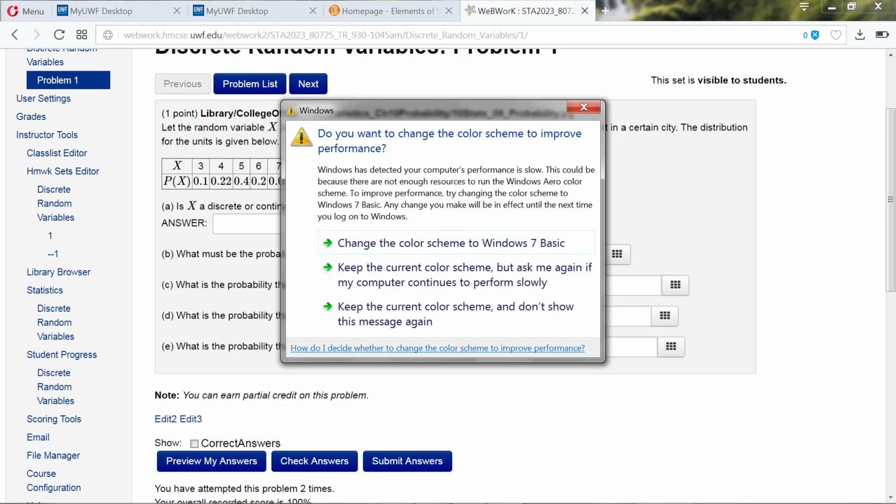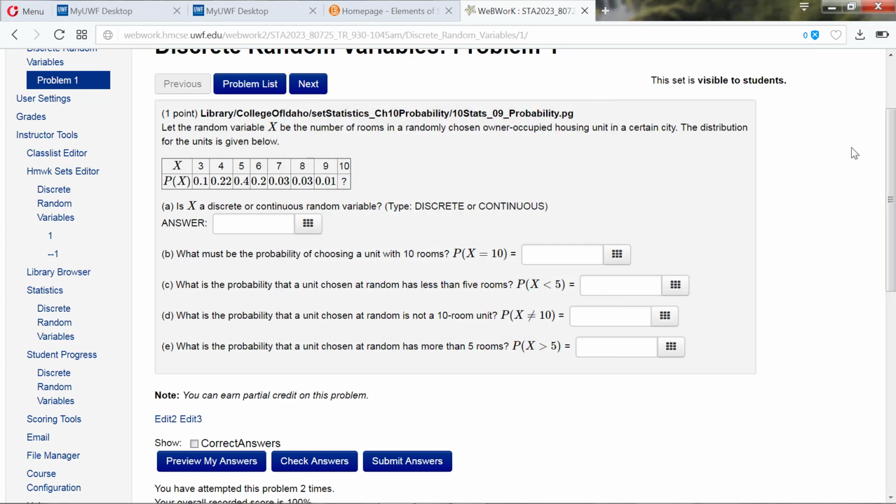I can keep measuring to smaller units until I figure out which one is actually longer. So time, length, or weight are examples of continuous random variables.